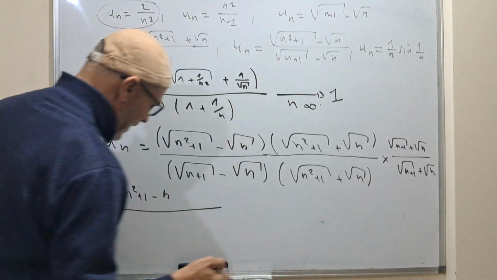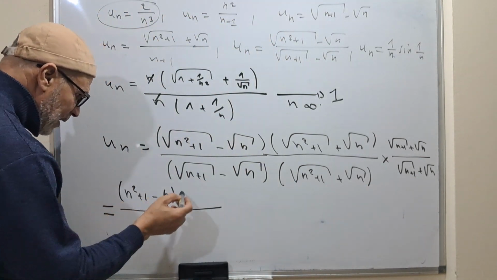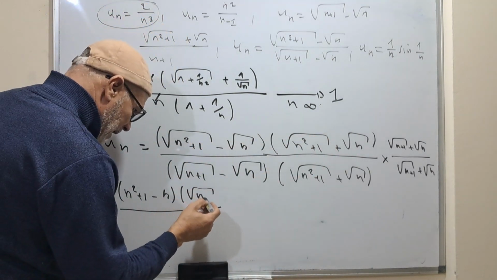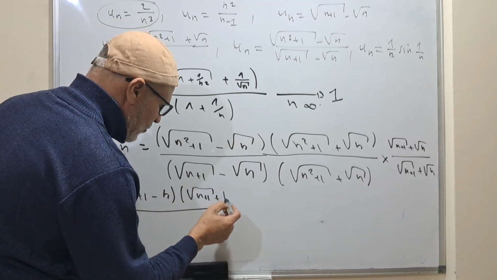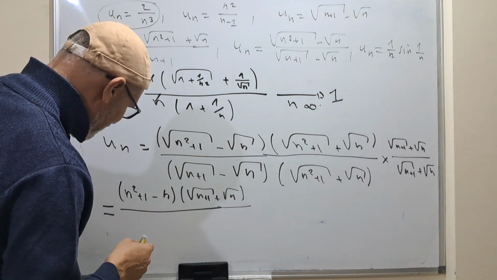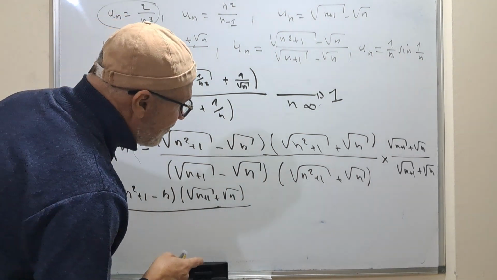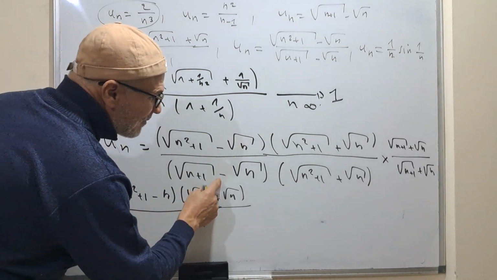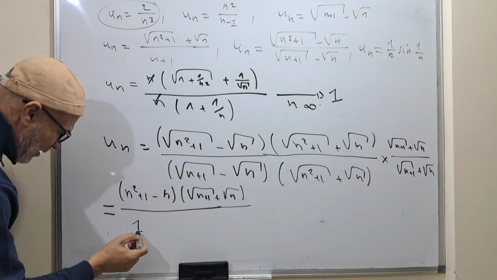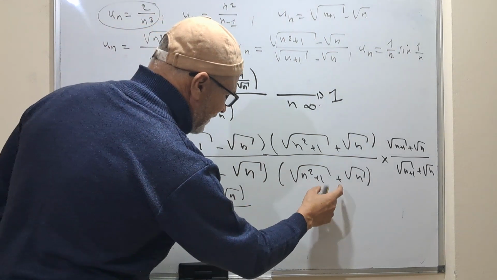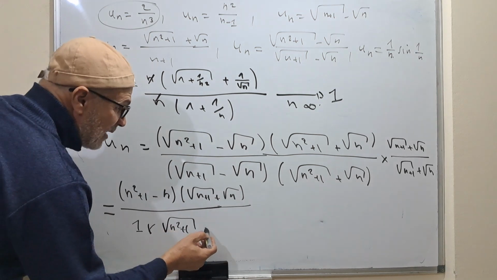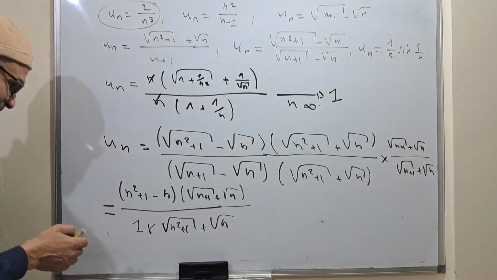This with this gives a times the square root of n plus 1 plus the square root of n over this one with the last one gives us 1 times the square root of n square plus 1 plus the square root of n.